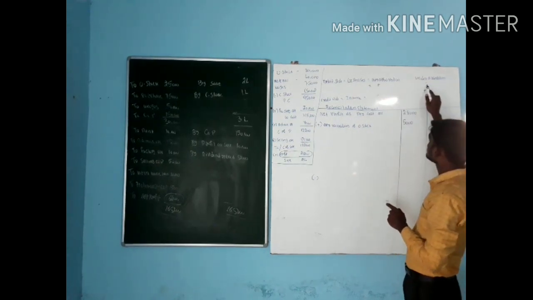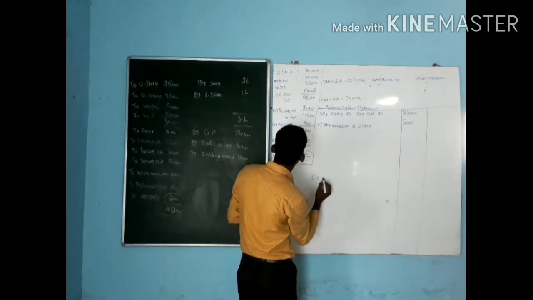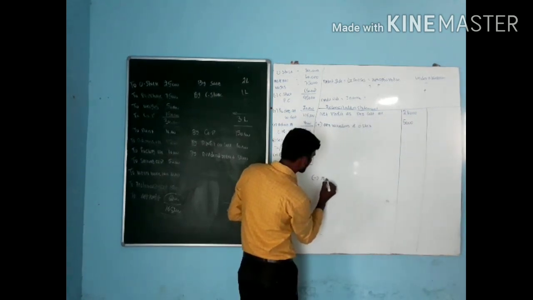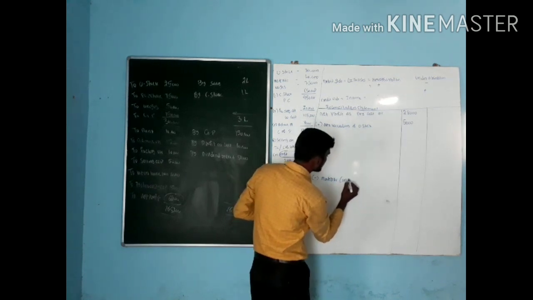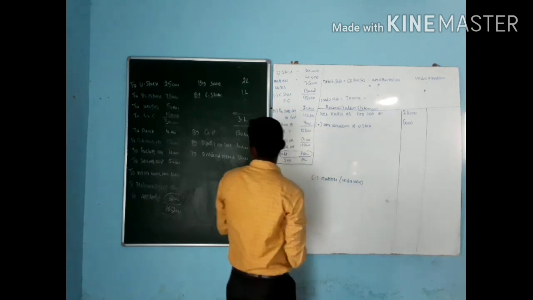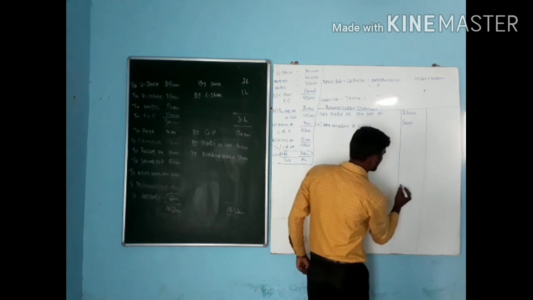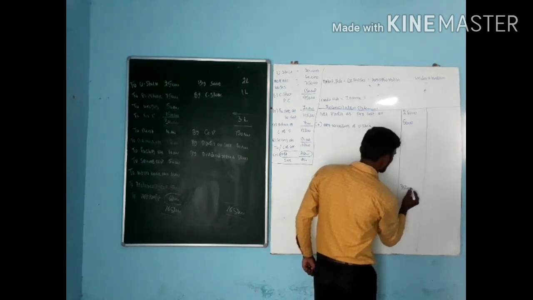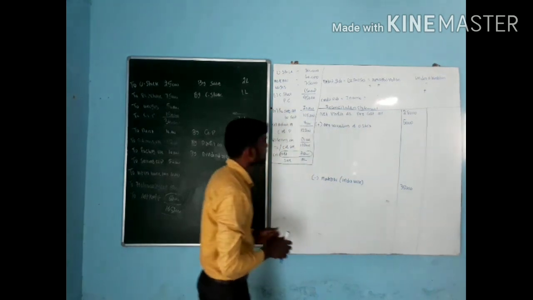When it is under absorption, we need to minus the value. That is under value. The difference is 35,000. You can calculate.